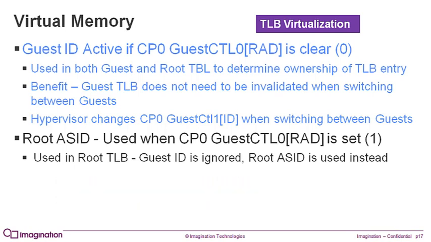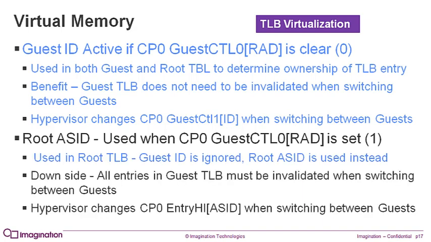The ASID used when writing a TLB entry comes from the CP0 EntryHi ASID field. If the ASID is used, the hypervisor will need to invalidate the entire guest TLB when it swaps one guest software context for another. This is needed because there is only one guest TLB, and none of the entries are tagged to indicate which guest context they belong to.